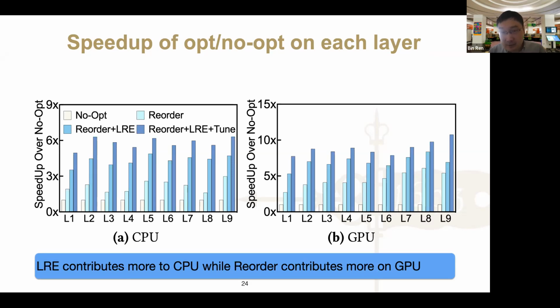This is because the GPU has multiple threads, and thread level parallelism is more important. The reorder helps the thread level parallelism, the low redundancy, and the computation regularity. So that's why the reorder contributes more to the performance of mobile GPU.